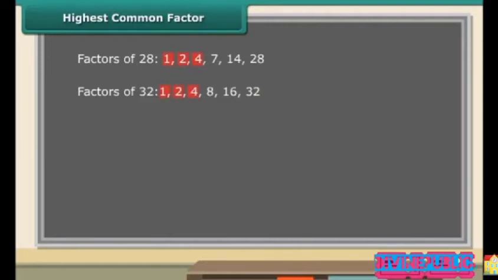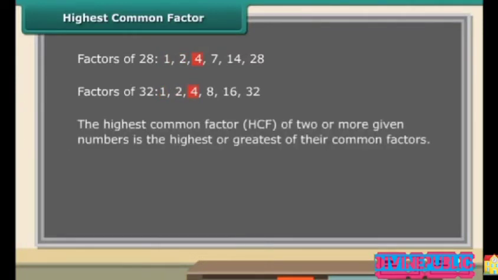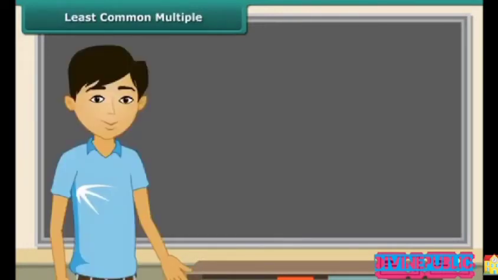The common factors are 1, 2 and 4. Now, it is clear that the highest common factor among these numbers is 4. Therefore, the highest common factor, HCF, of two or more given numbers is the highest or greatest of their common factors.